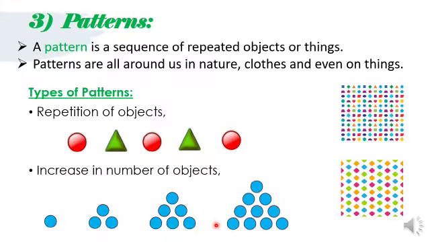And again, we have some more circles added. So what you observe? We observe that it's creating a pattern by increasing the number of objects in the design. We have learned about two patterns. Let us learn some more types of patterns in the next slide.